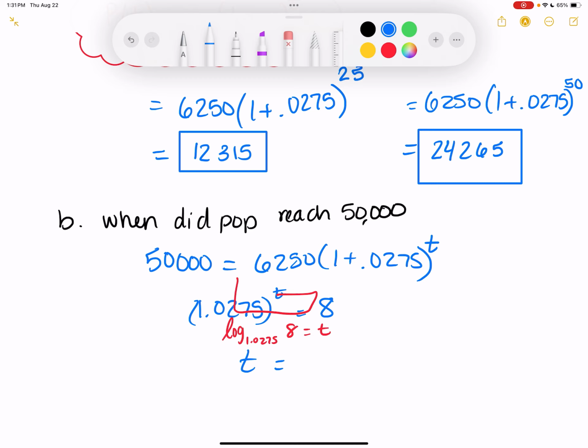So how far out do you want us to go for time? I would go out to still 2 decimal places probably. So we have 76.65 years. So that's how long it is to get there. So what year is it that we hit that population?